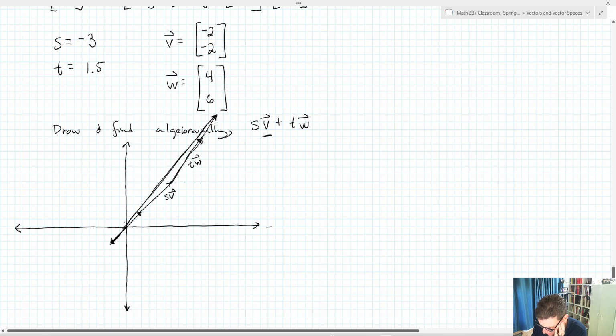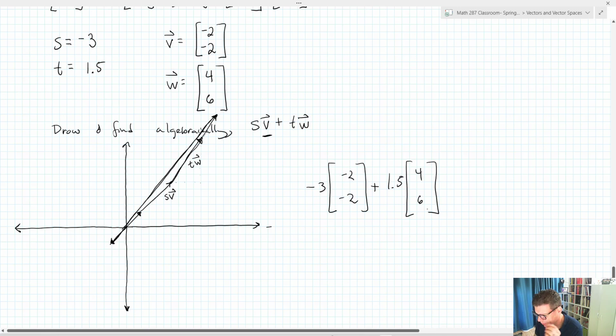And so for that resulting vector, let's just do the algebra. It's going to be negative 3 times negative 2, negative 2, plus 1.5 times 4, 6. It should be pretty close to being right on y equals x, although it's not exactly.